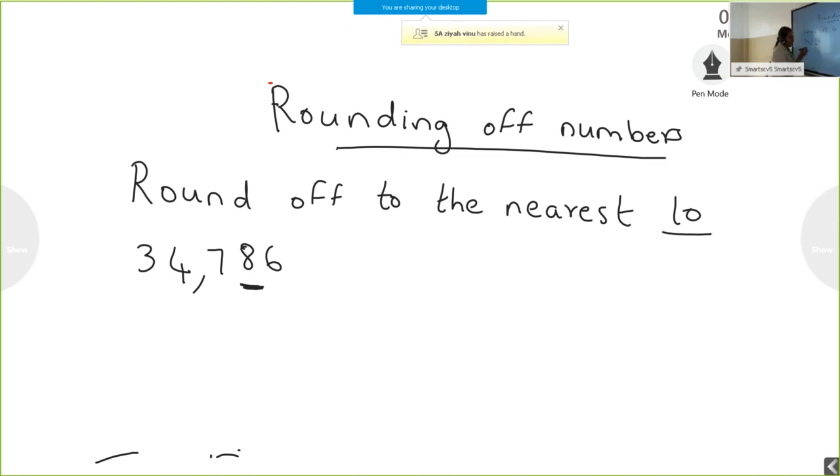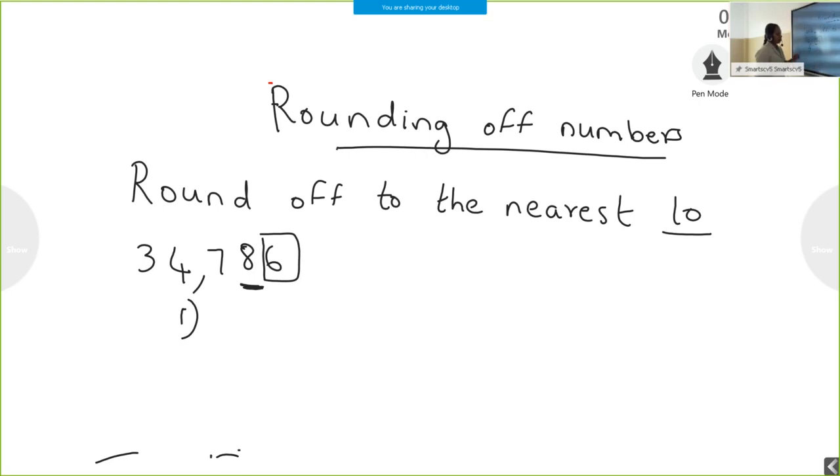Then we have two rules. The first rule is, once you identify the tens place, you go to the digit which is to the right of the tens place. Which is the digit to the right of the tens place? 6 is the digit to the right of the tens place.